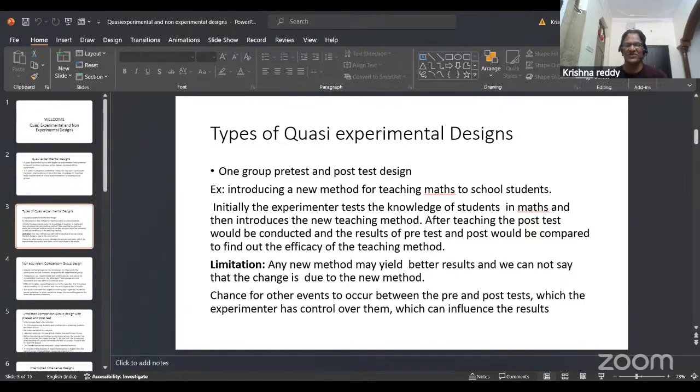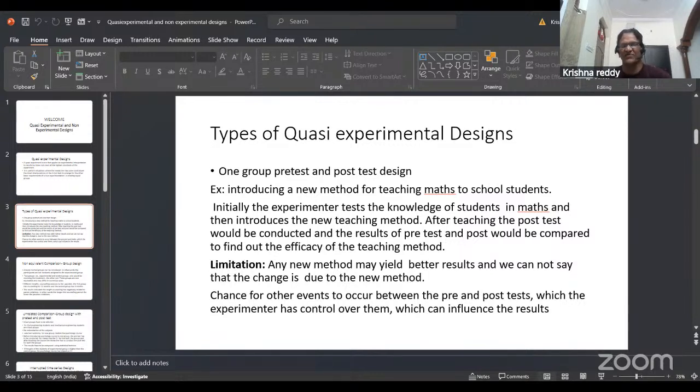The method or the devices used by the experimenter may be new, which were not seen earlier. So when these things are new, automatically they would also motivate the students. So that is one of the limitations of this. We cannot say completely that this is due to only the new teaching method. But to some extent, we can infer that the new teaching method is slightly better than the other method. That way you can also conclude, but this is the limitation.